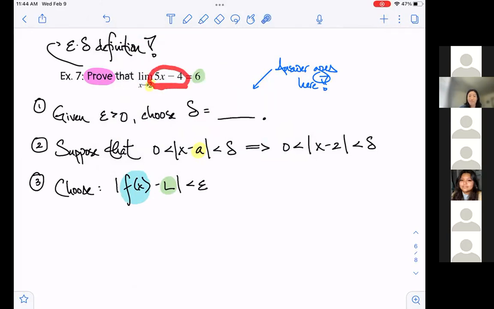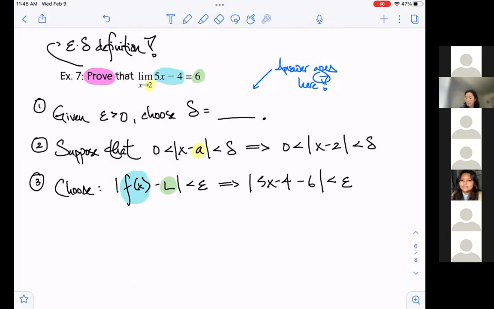This is our function, 5x minus 4. So this gives us the absolute value of 5x minus 4 minus 6, and we're going to leave that less than epsilon.